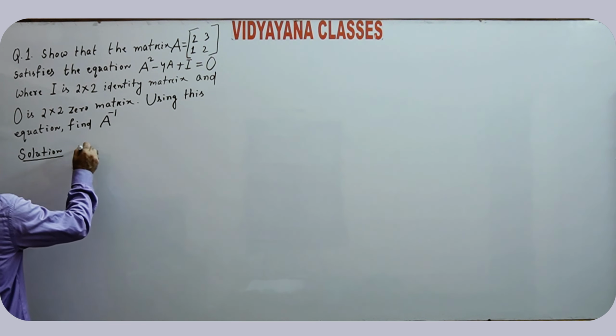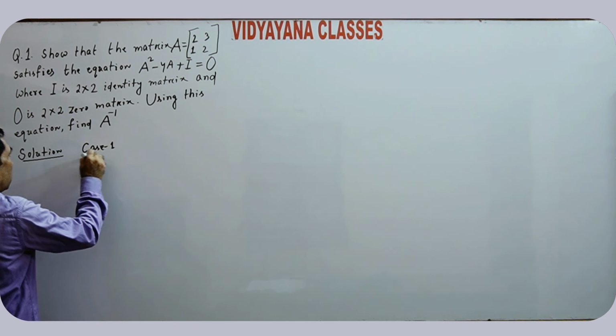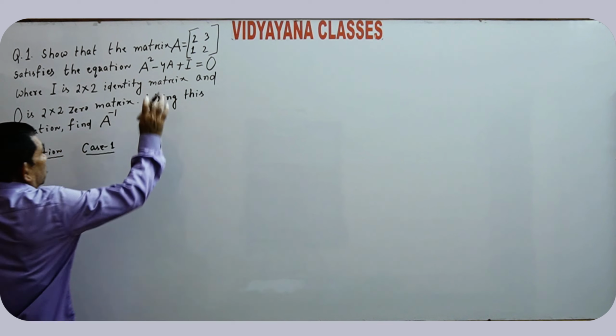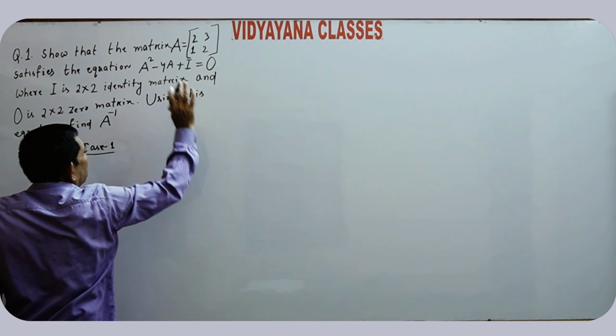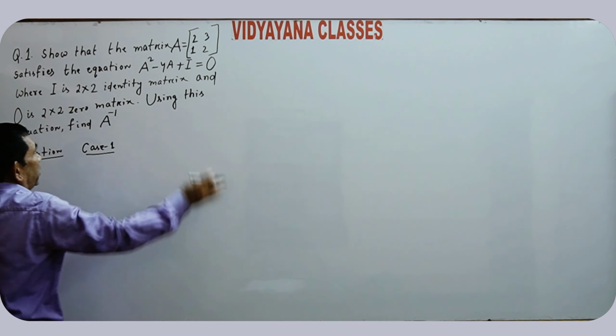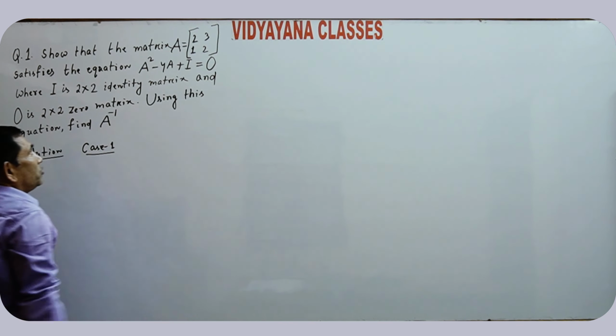Case 1. First, we will prove A square minus 4A plus I is equal to 0 matrix when A is equal to the matrix having elements 2, 3, 1, 2.